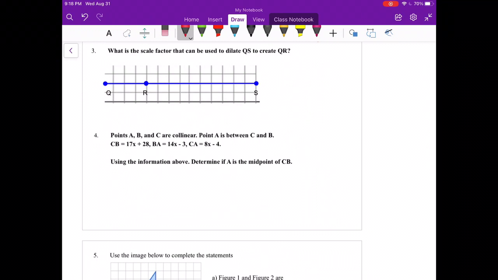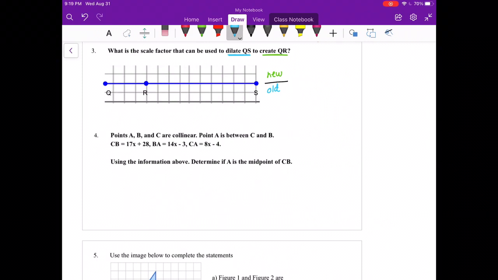Question number 3 asks us, what is a scale factor that can be used to dilate QS to create QR? The formula that we're going to use to help us right now is new over old. That means we are going to find the length of the new segment, QR, and we're going to find the length of the old segment, QS.